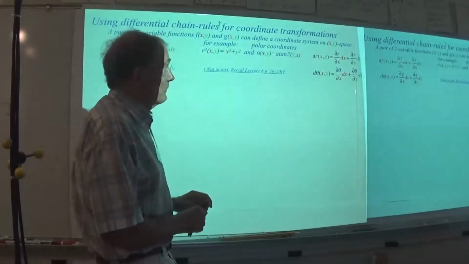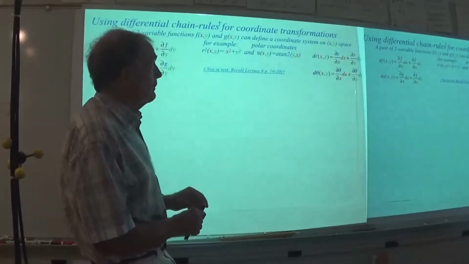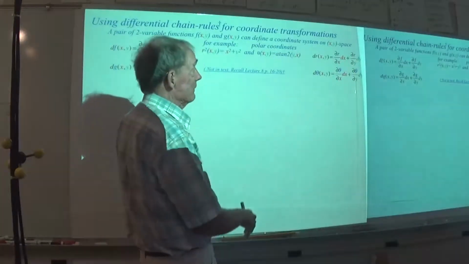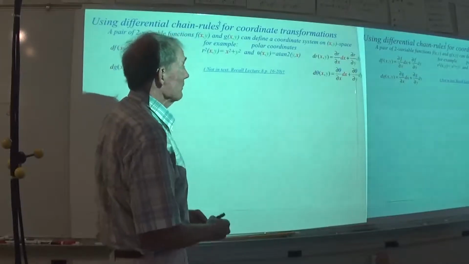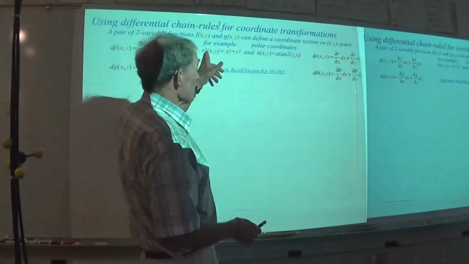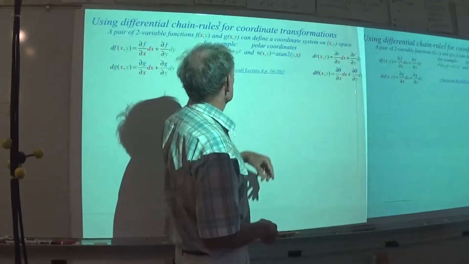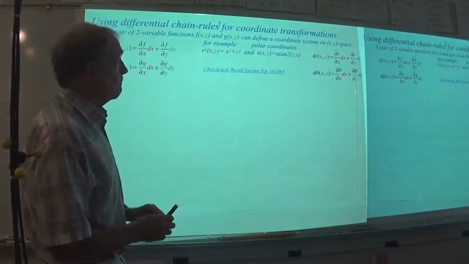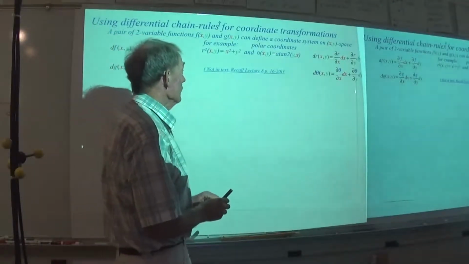Just pick any continuous functions, it's probably going to give you a mesh of some kind. It's not necessarily going to be orthogonal, but we're going to pick one that is orthogonal, and that's good old-fashioned polar coordinates. So that's our first deal here.